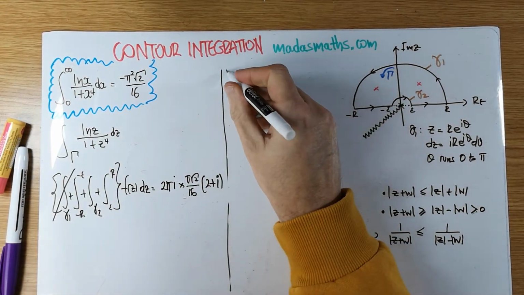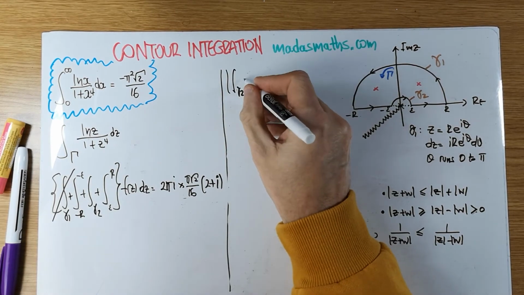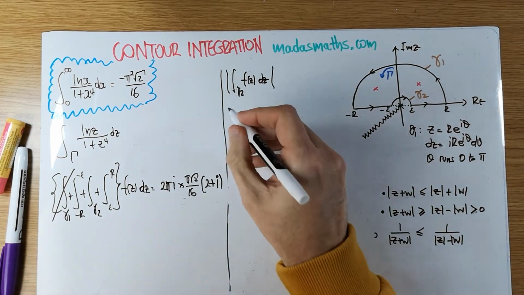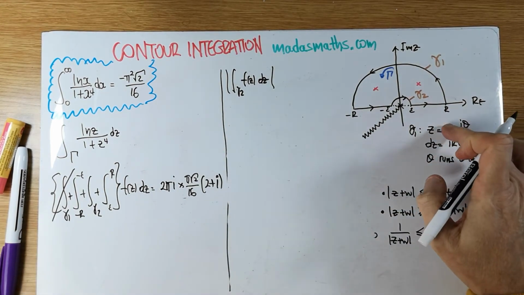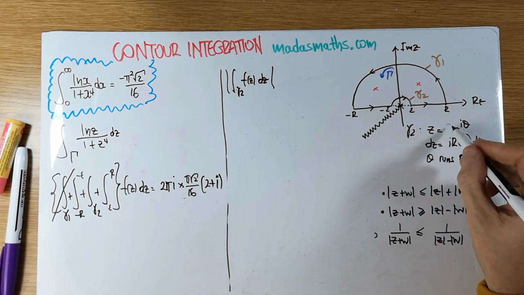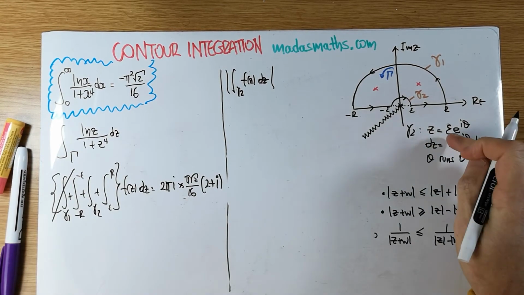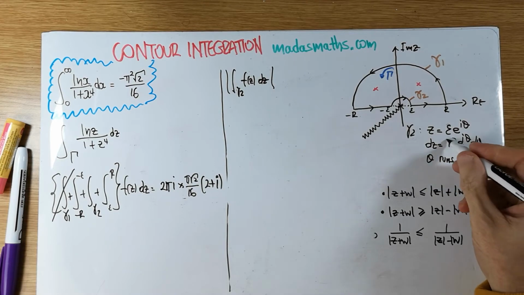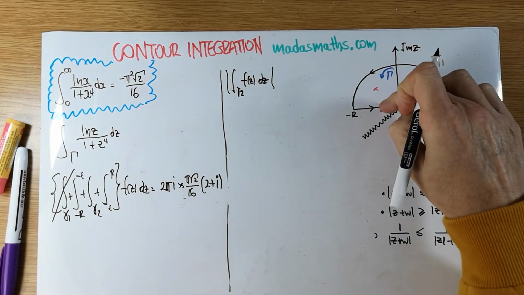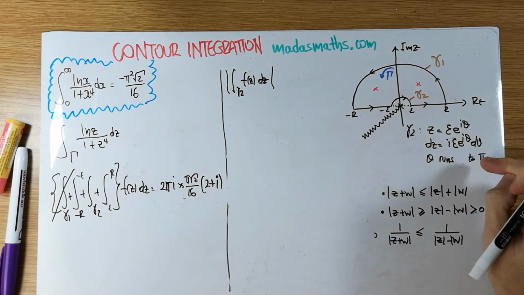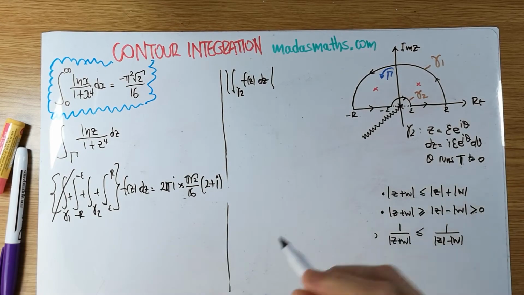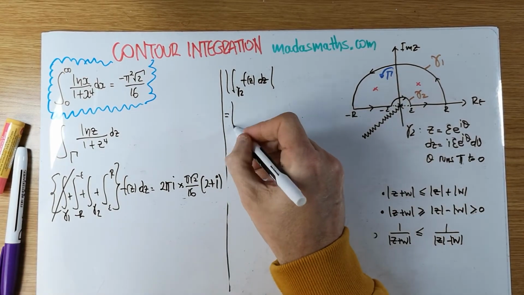Okay, so the estimation is around gamma 2, the modulus of the integral of f of z dz. Now that's going to be around gamma 2, epsilon e to the i theta, i epsilon e to the i theta d theta. And now, because we're going in a clockwise direction, not that it really matters, it is from pi to 0. So let's put our bits in.